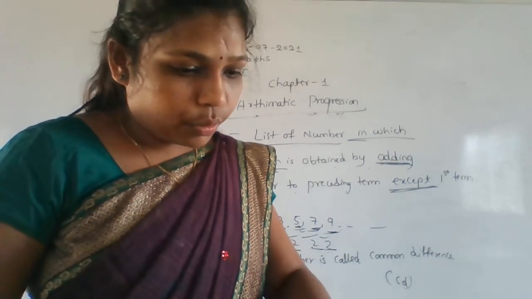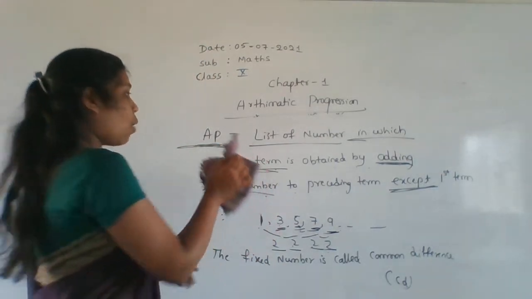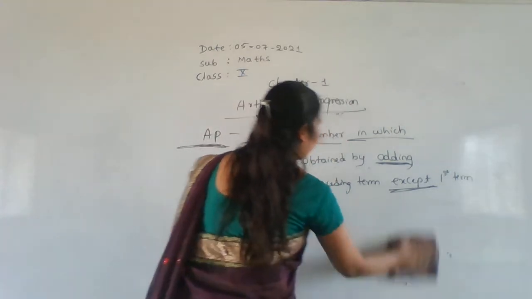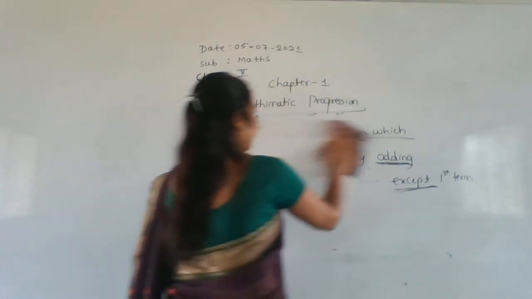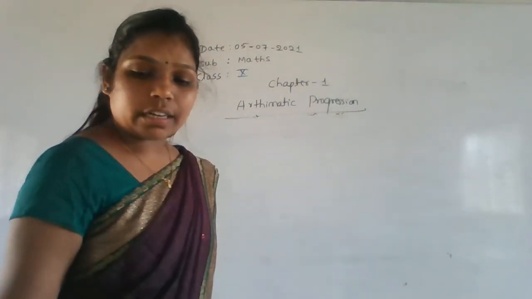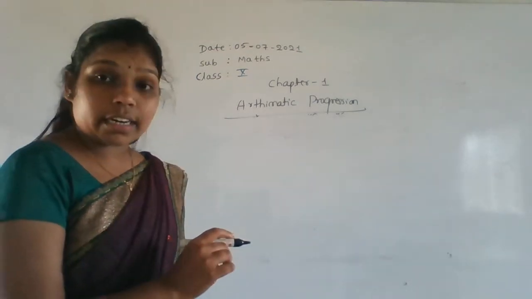And after that, now write the arithmetic progression in general form. How to write in general form? Without using any numbers, we can write it in a general formula.